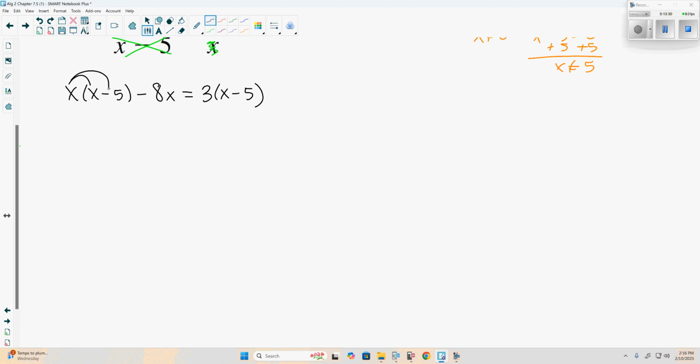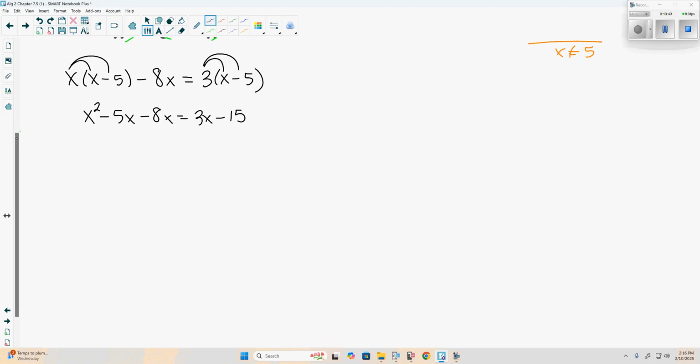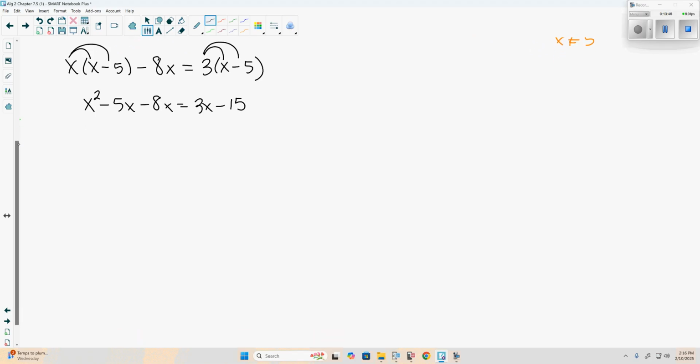All right, let's distribute. X times x is x squared. X times negative 5 is negative 5x minus 8x is equal to 3 times x is 3x, and 3 times negative 5 is negative 15.